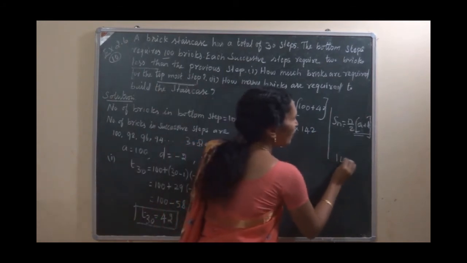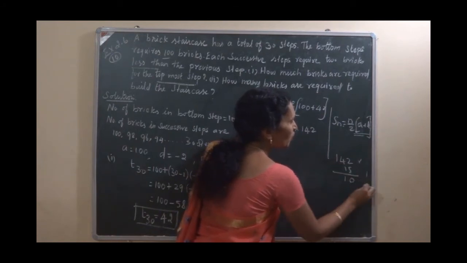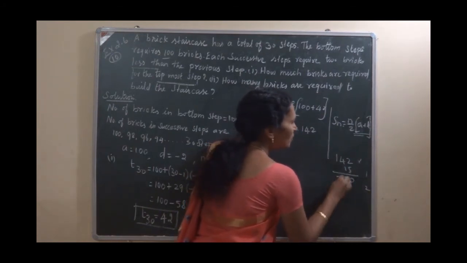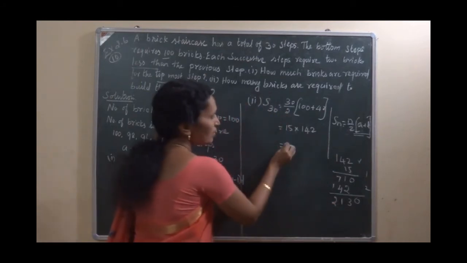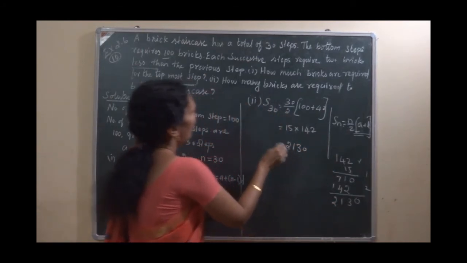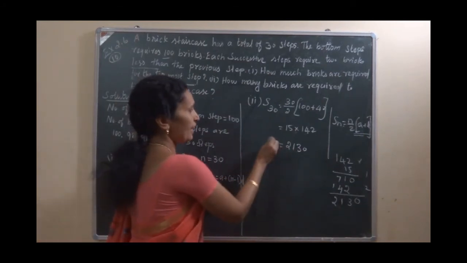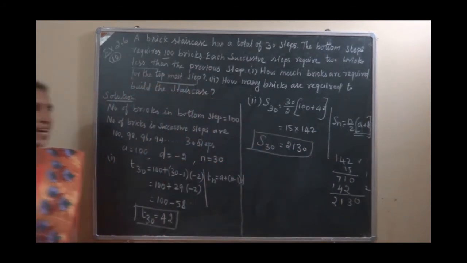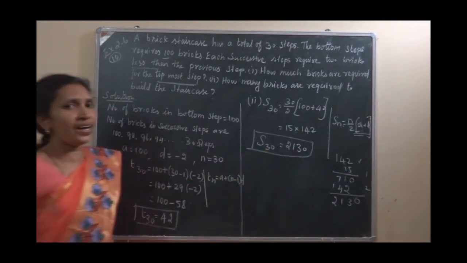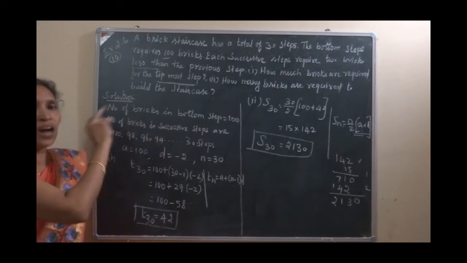Multiply 142 into 15. 5 2s are 10, balance 1; 5 4s are 20 plus 1, 21; 5 plus 2 is 7; so 2130. The number of bricks required to build the staircase is S30 equal to 2130. Do you understand?